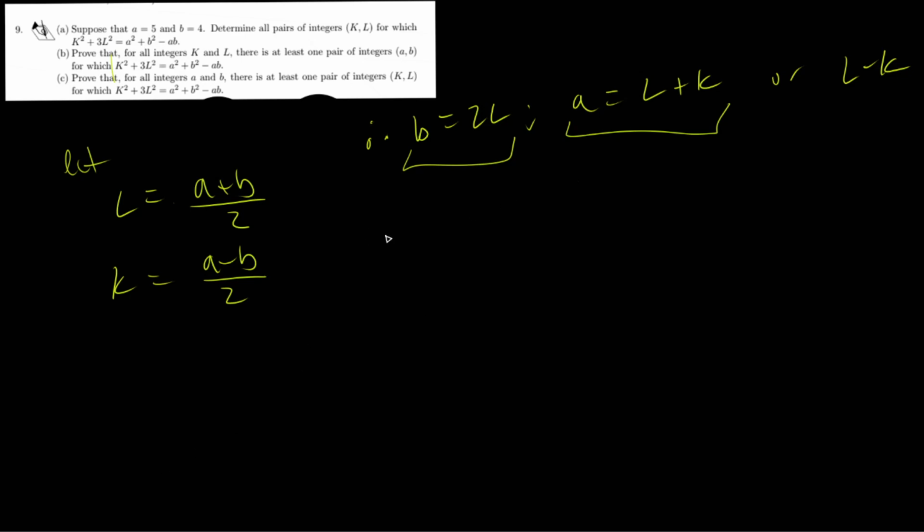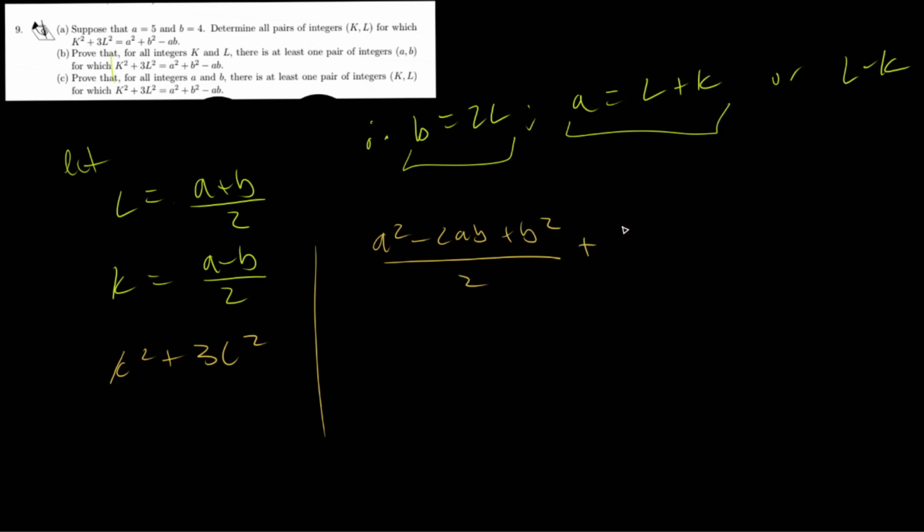We say our left-hand side would equal k squared plus 3l squared. And this would equal a squared minus 2ab plus b squared all over 2. And then our right-hand side would be 3l squared plus 3 times a squared plus 2ab plus b squared all over 2.